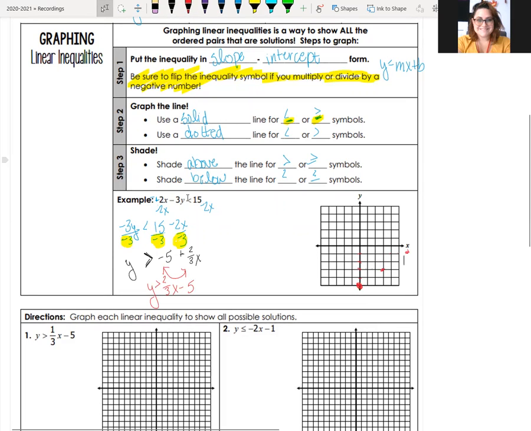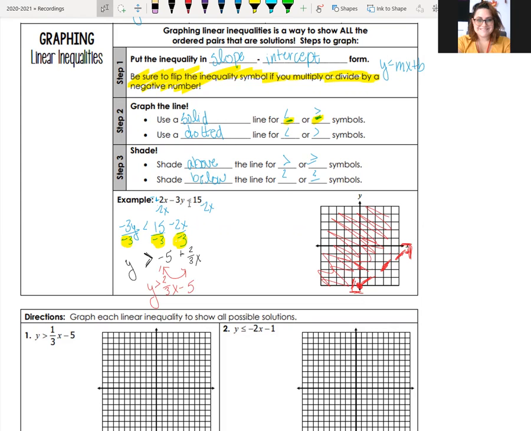Now, notice this is not equal to, which means we have to draw a dotted line. So it would look something like that. And since this says greater than, we will shade above, meaning all of these numbers up here would work for answers.